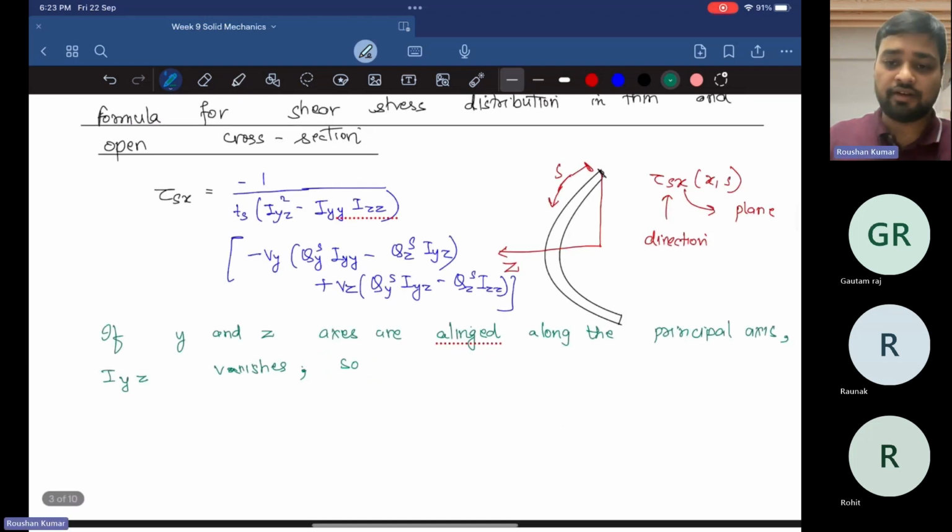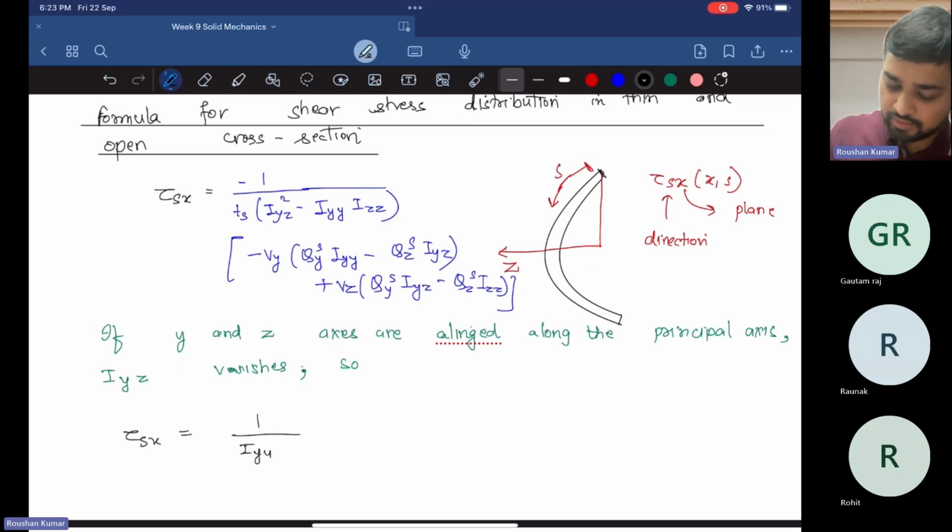In that case, we have a simplified formula: tau xx equals 1 by Iyy Izz Ts times minus Vy Qys Iyy minus Vz Qzs Izz.